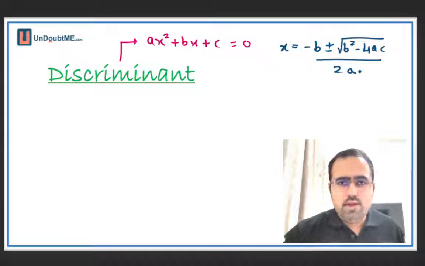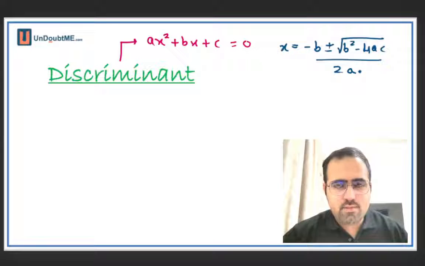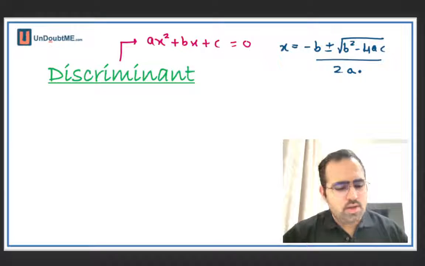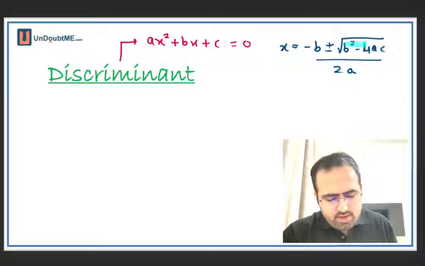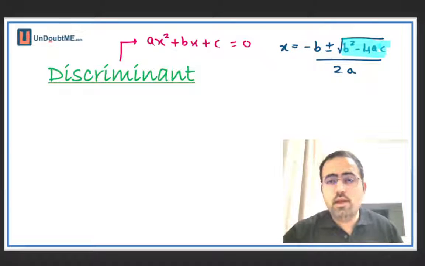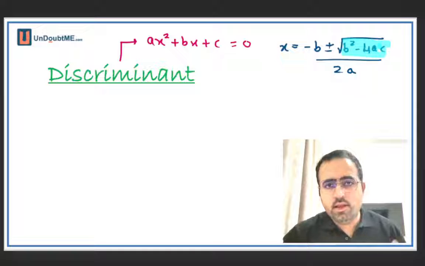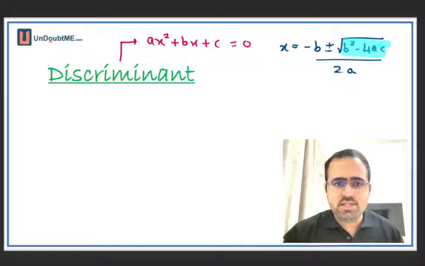Now it is clearly visible that b square minus 4ac is inside the square root. So whether that term inside the square root is negative or positive will determine the real nature of x, whether it will be real or imaginary.